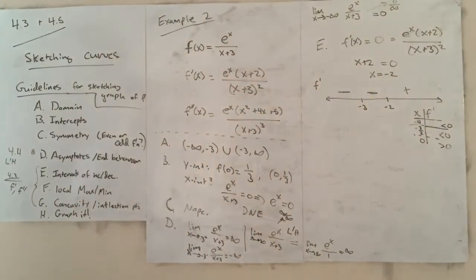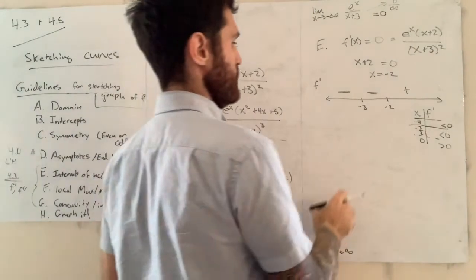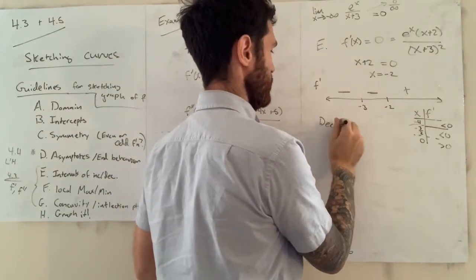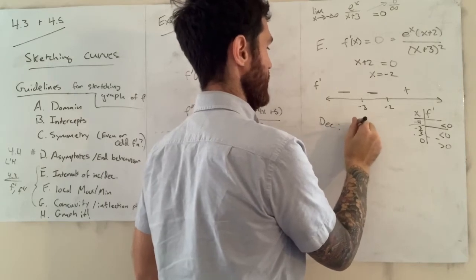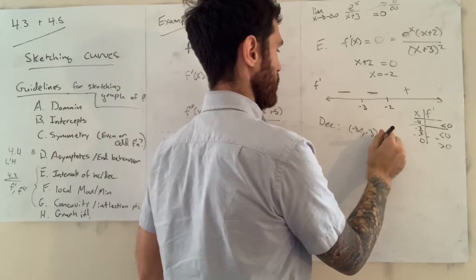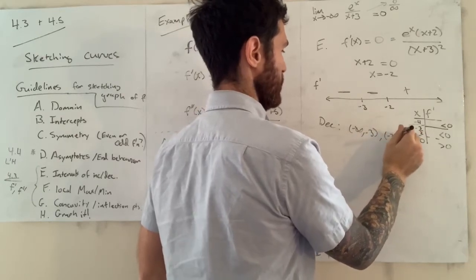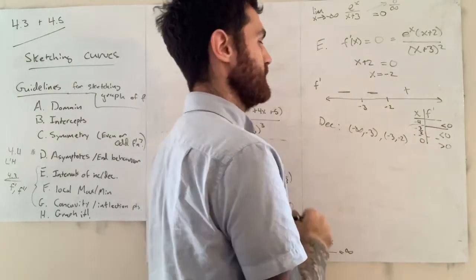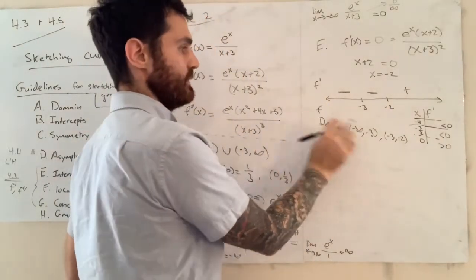Great. Okay, so we know it's going to decrease on the intervals negative infinity to negative 3, and also negative 3 to negative 2. Notice I'm not including negative 3. That's because our function isn't even defined there.